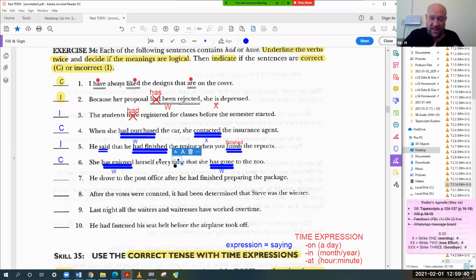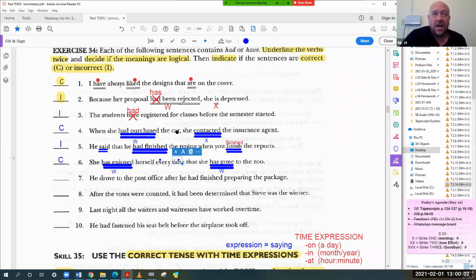She went and left, went and left. But without the words every time, she has enjoyed herself, we need to add some information to use gone. With these words, it's possible.